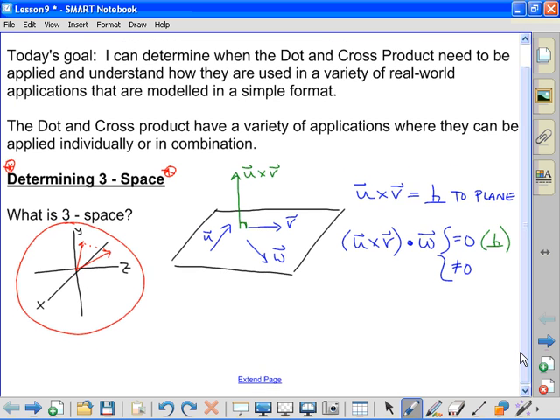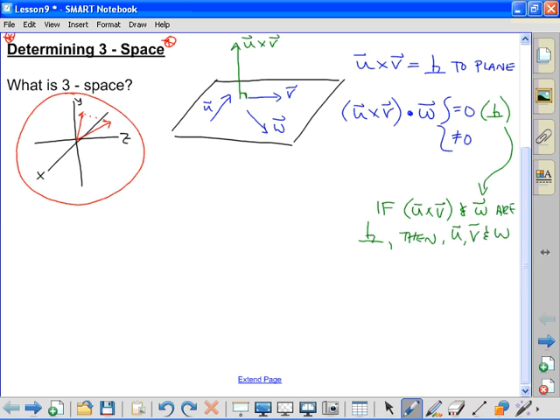So what does that mean? If U cross V and W are perpendicular, then U, V, and W are coplanar, which means not a basis for space.